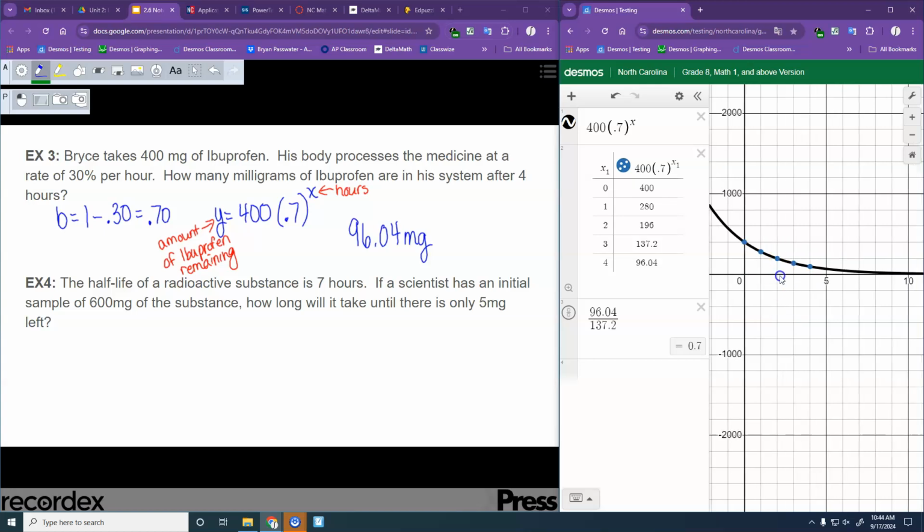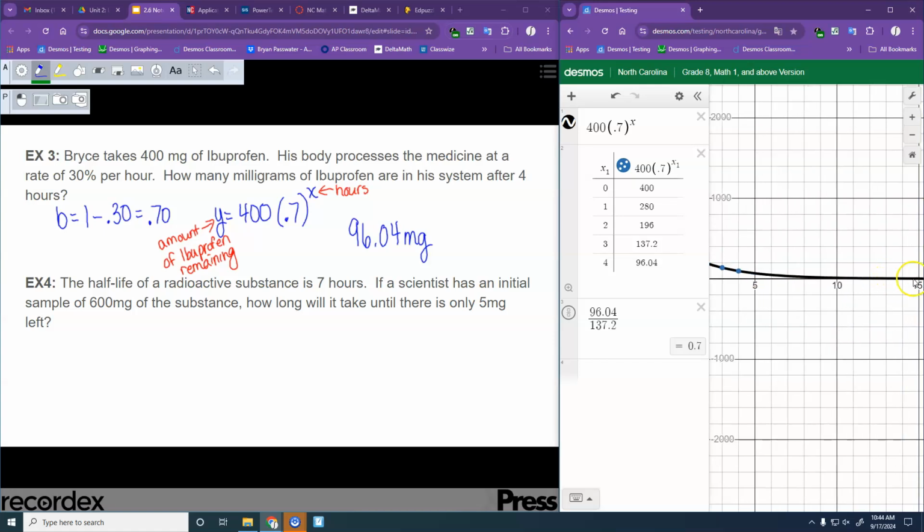So if I go to here, it's less and less and less and less. So way out here at 15 hours, how much is left? 1.872, right? As far as its effects, it's basically nothing. But it might still be detectable.